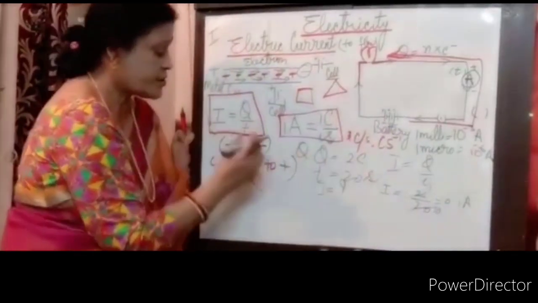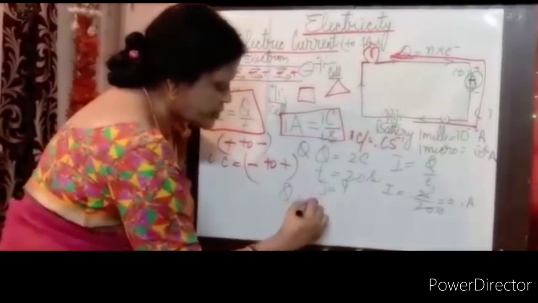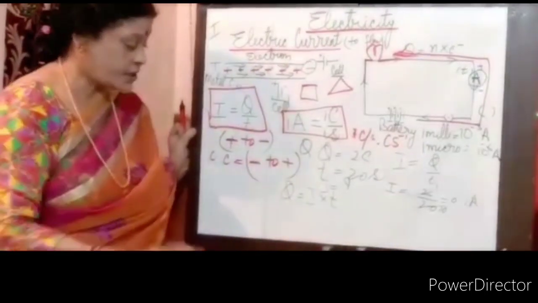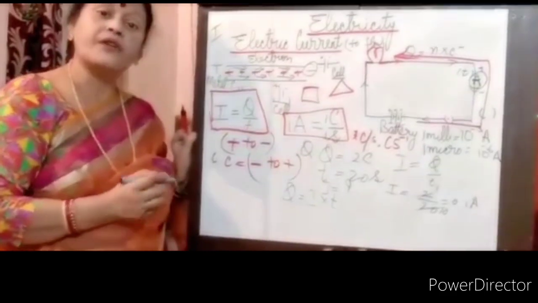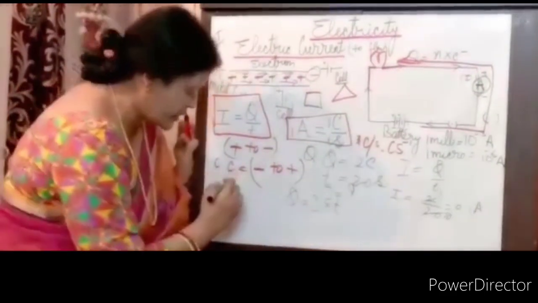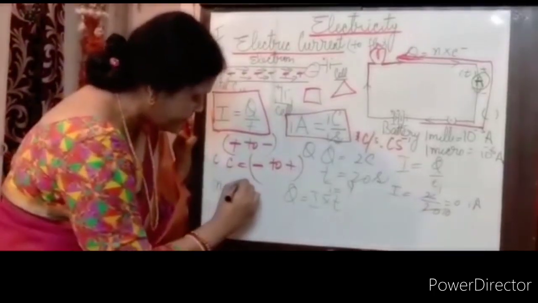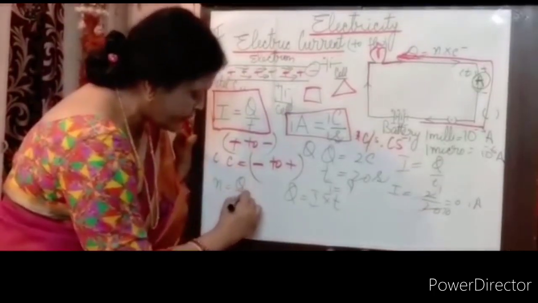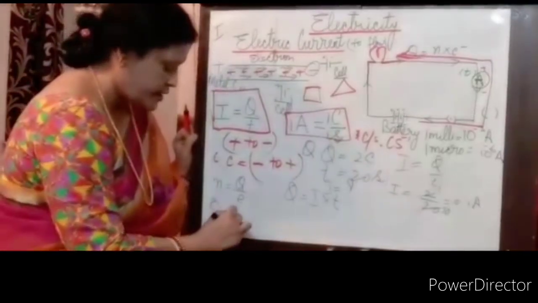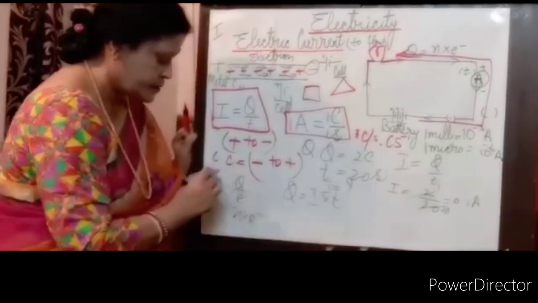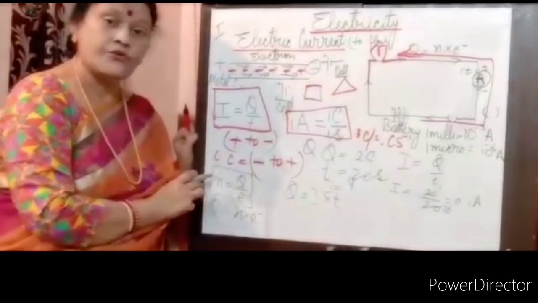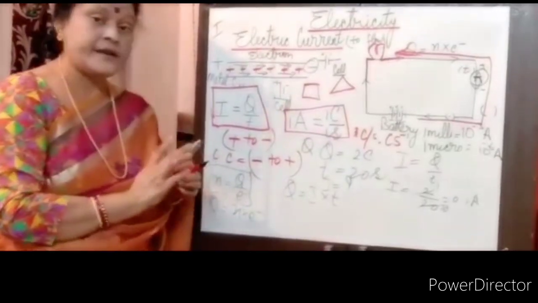And if we crisscross this definition, Q is equal to I into T. Now, if I want to find the number of electrons, this is again the problem. For finding the number of electrons, the other formula which we use is N is equal to Q upon E, where N is the number of electrons.